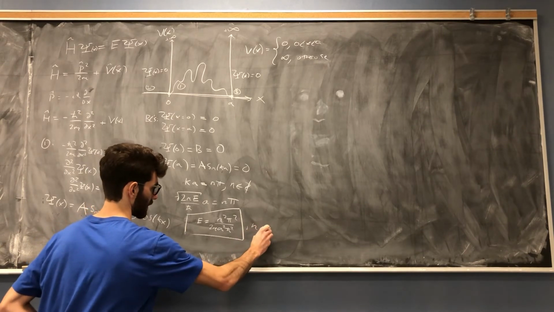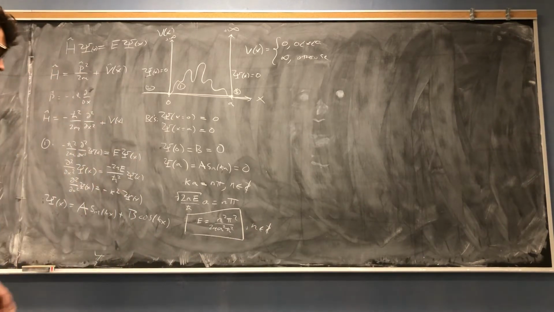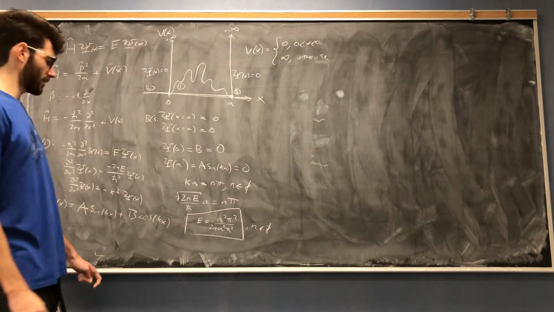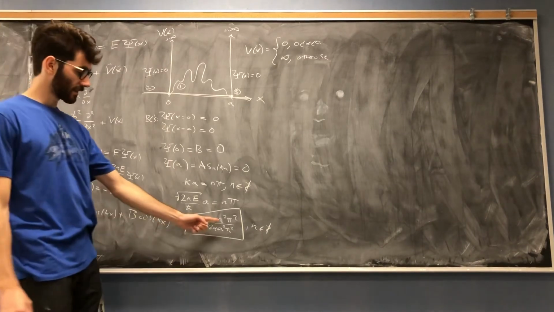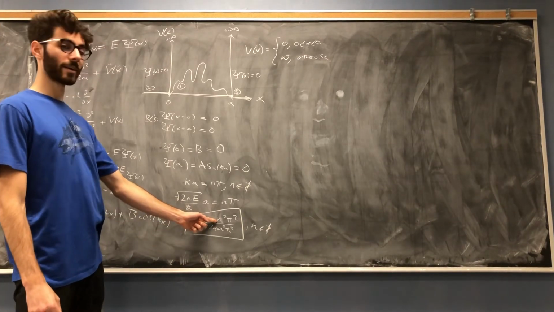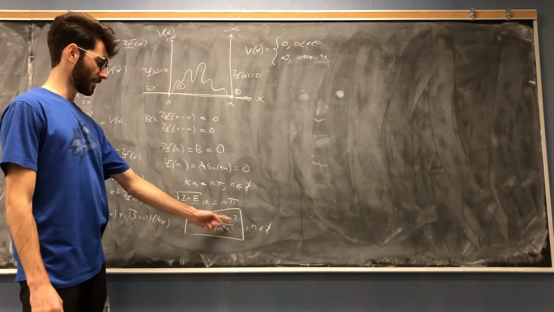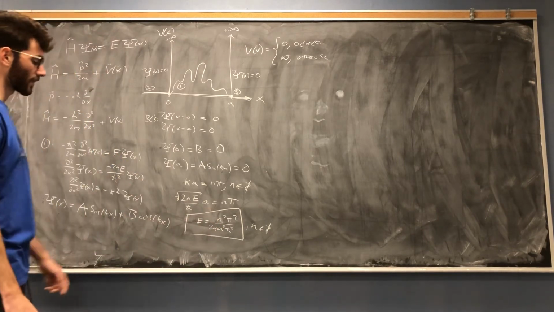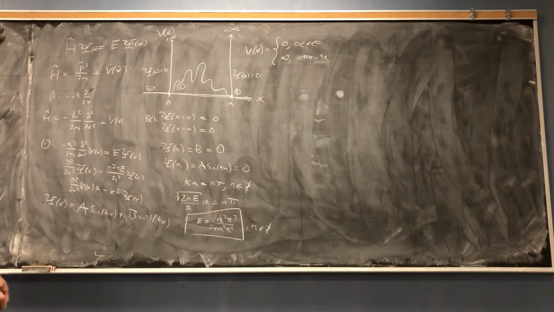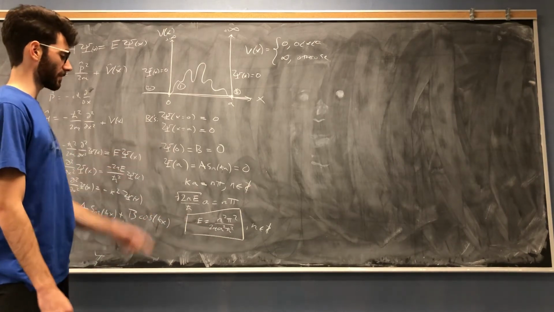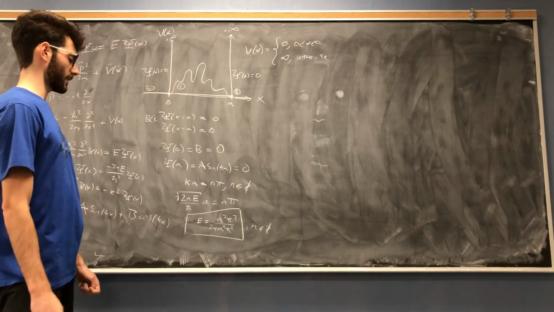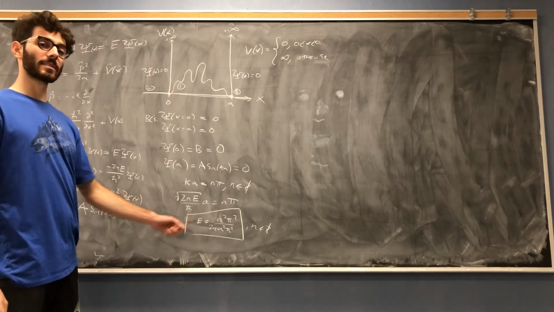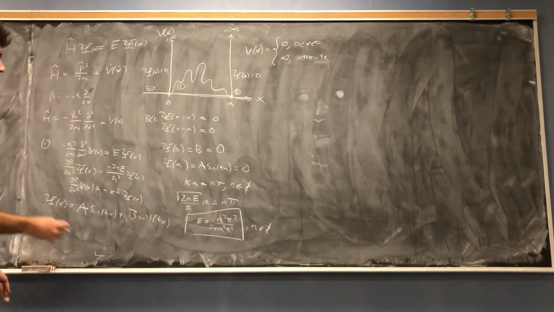Remember, n is an integer. So the point here is that what we've determined is that the energy eigenvalues for our time independent Schrodinger equation are quantized in square integer multiples of the rest of these coefficients here. And remember that how we got here is basically just by imposing boundary conditions. So the moral of the story is that quantization in quantum mechanics comes from boundary conditions.